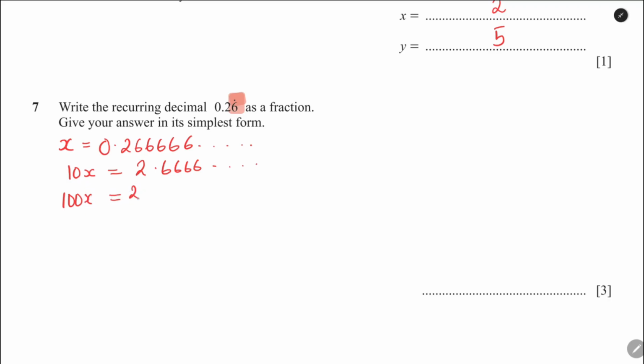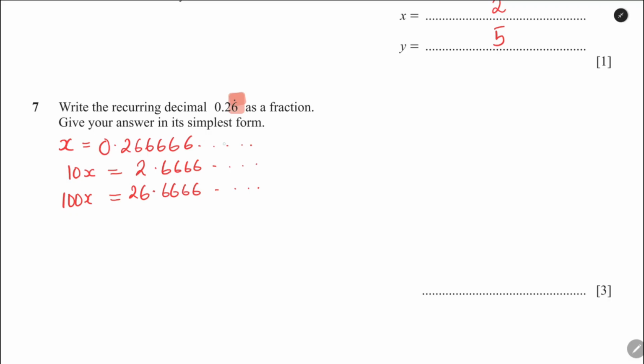And then we need 100x. 100x will be 26.6666 and so on. Why did I need 10x or 100x? Whenever you need to write a recurring decimal as a fraction, you want to multiply the recurring decimal by multiples of 10. That will enable you to have your decimal portion of the answer being the same.